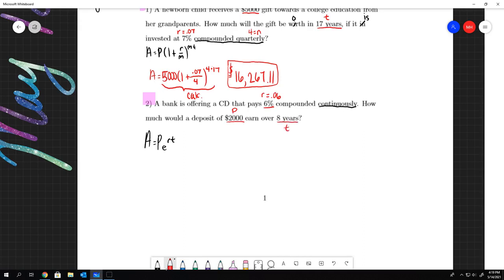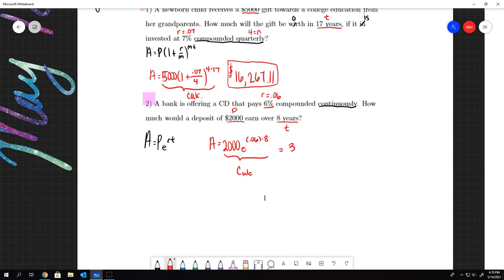So we're going to plug in everything. A equals 2,000 times e, which is a mathematical constant, to the 0.06 times 8. And once again, this can go in our handy dandy calculator.